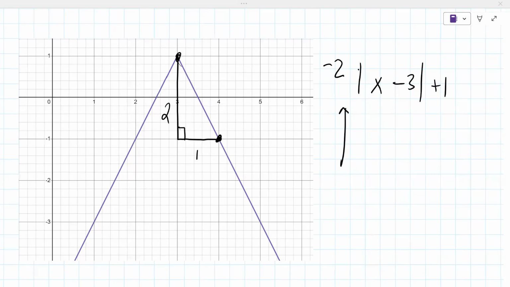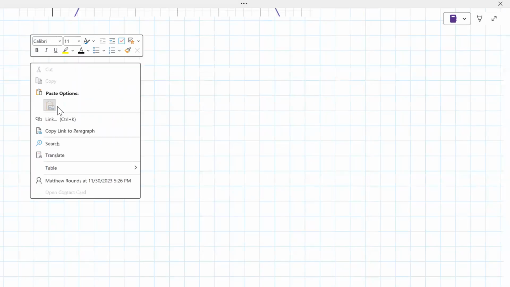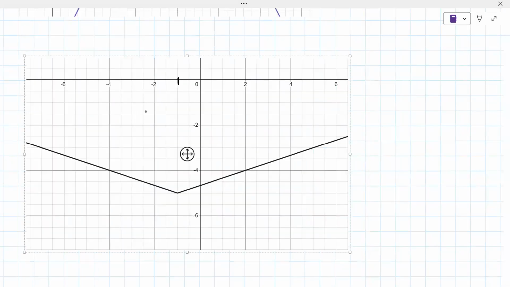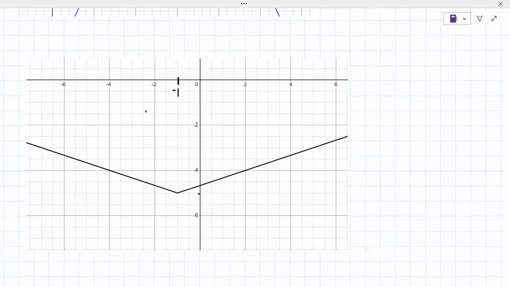All right, so just to be clear, this is -1. This is -5. Okay. See if you can write the equation of this. Oh yeah, I can remove those. That'll be a lot easier.